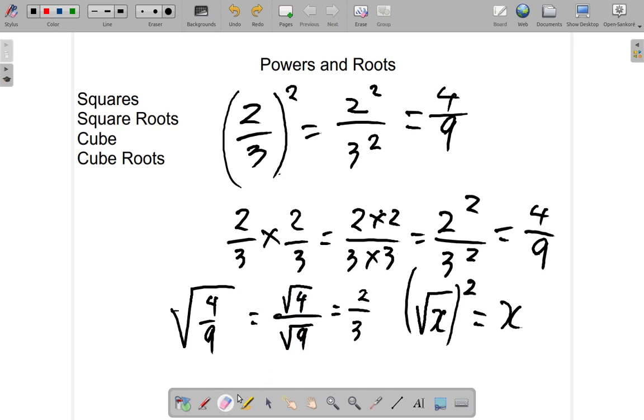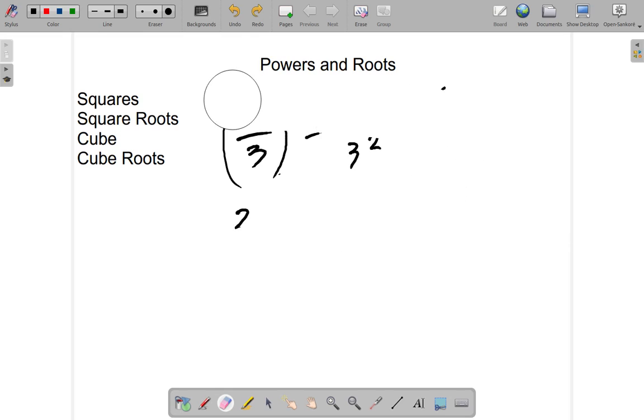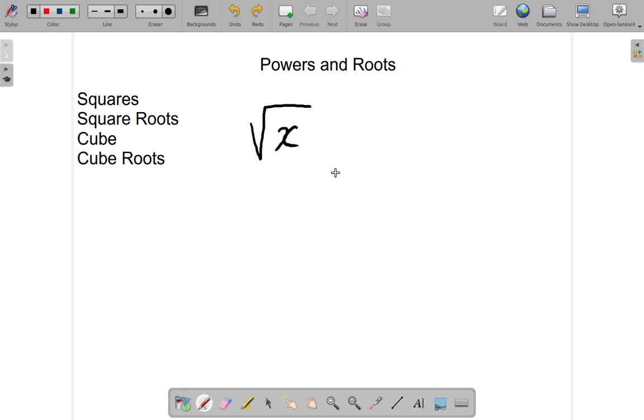Okay, now let's look back at the general statement that we're making, and this is useful when transposing formulas. If you have the square root of x, and then you square the square root of x, what you get is x.